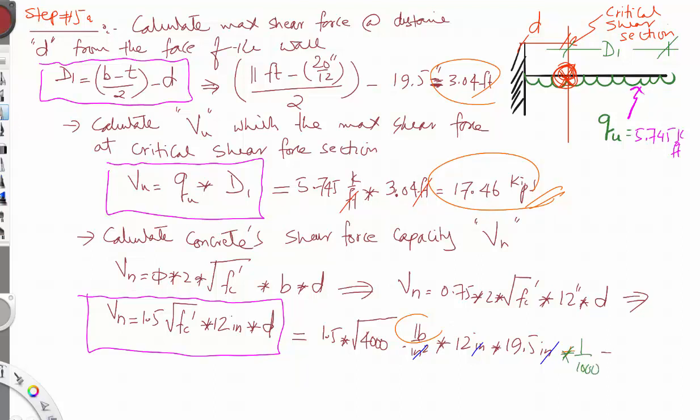So I get the value equal to 22.2 kips. So this is the capacity of concrete.